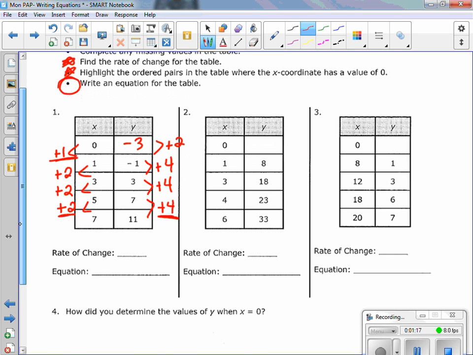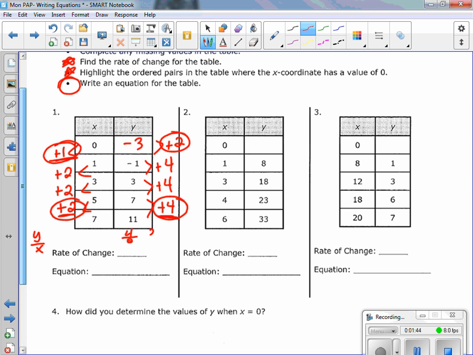My rate of change is always found by putting my y over my x, because that's going to help us simplify it and figure out our graphing, and that's what you'll be using in algebra. So it's always going to be our change in y over our change in x. Looking at that, I've got 4 over 2, and I've got 2 over 1.